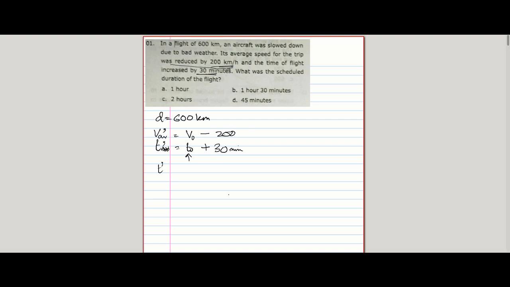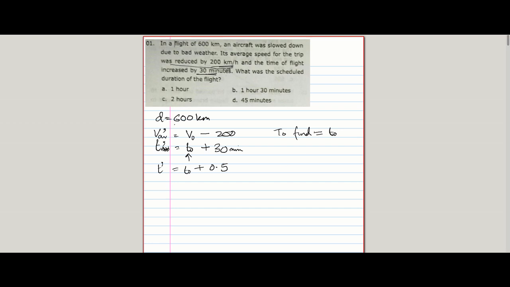So T naught plus 0.5, same thing, 30 minutes is 0.5 hours. What was the scheduled duration of the flight, which means we need to find T naught.